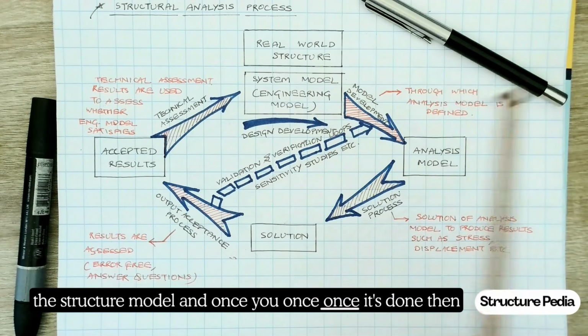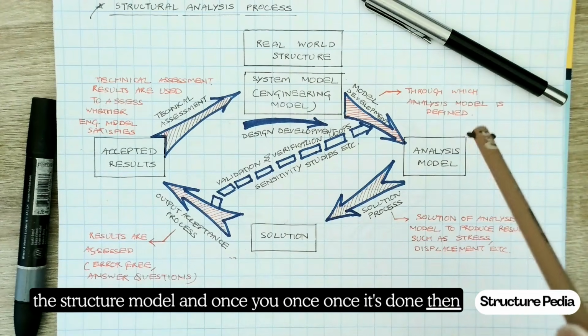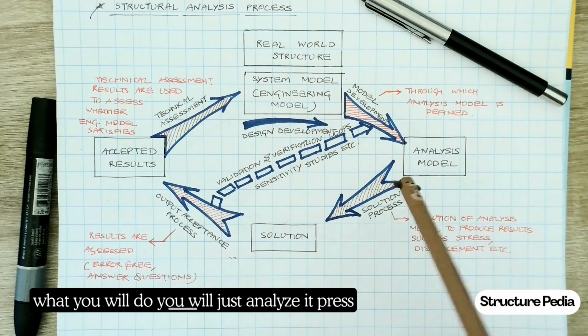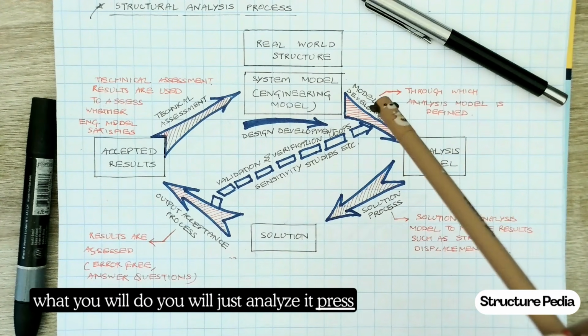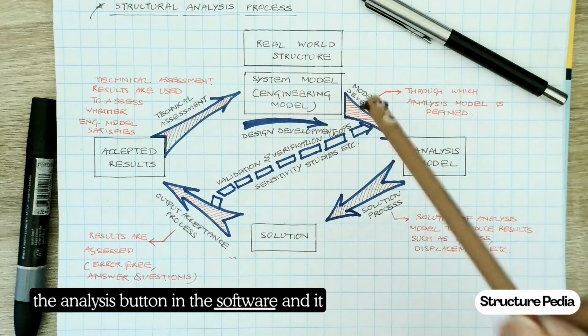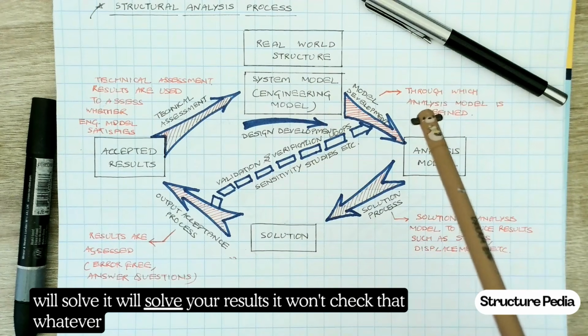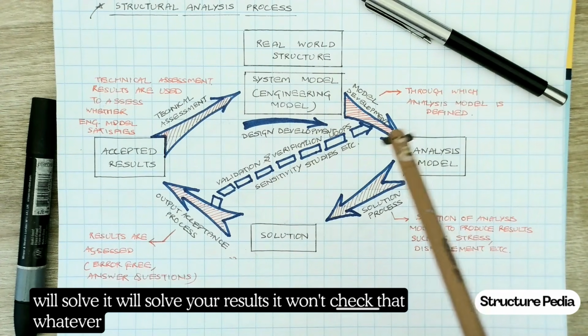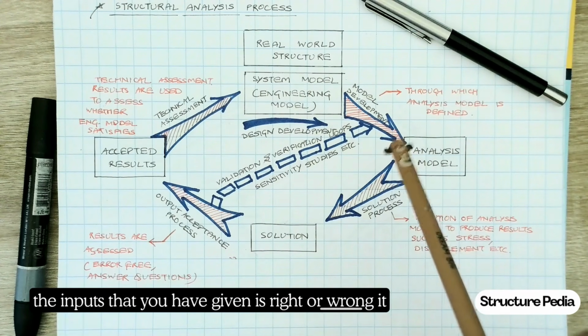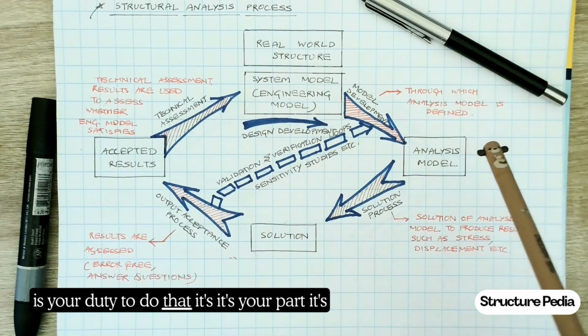And once it's done, you will just analyze it. You press the analysis button in the software, and it will solve your results. It won't check whether the inputs that you have given are right or wrong. It is your duty to do that.